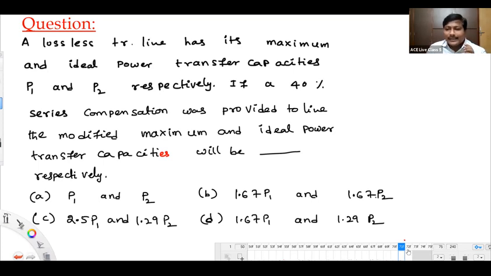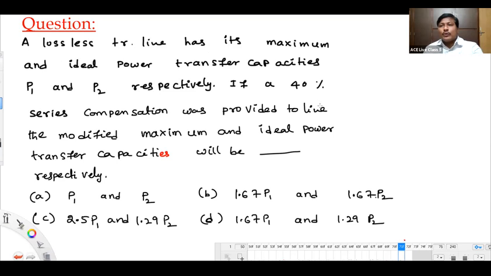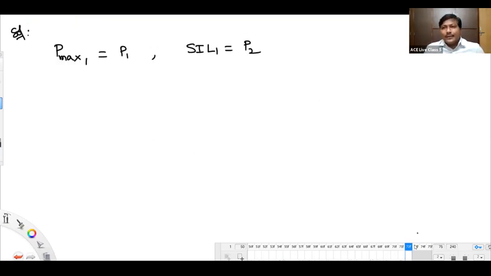So P maximum in the first case is P1, and SIL in the first case is P2. Then please tell me, if 40% series compensation is provided, what will happen to the P max value? Look here. The degree of series compensation is 0.4. Let us take P max 2 with series capacitor.